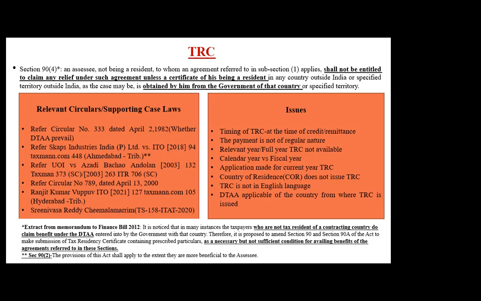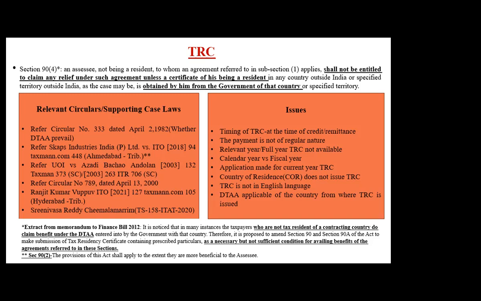We have some case laws on whether we can still claim benefit when we do not have a TRC. We have circular 333, which says that the treaty will prevail. This is also there in section 90 subsection 2, which says that the provisions of the act which are more beneficial to the assessee will apply.